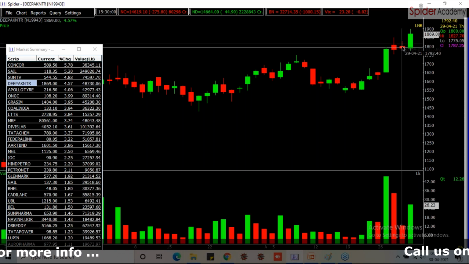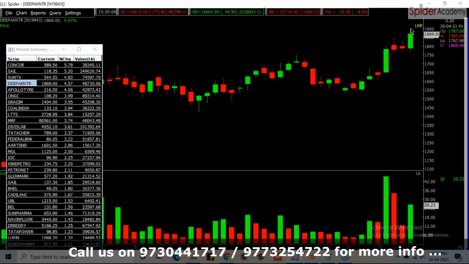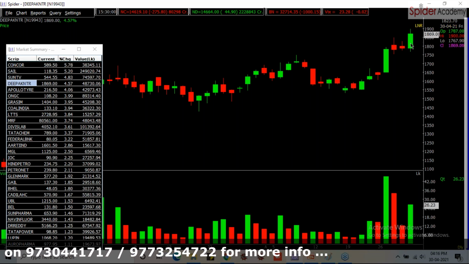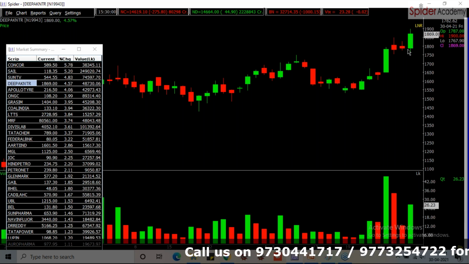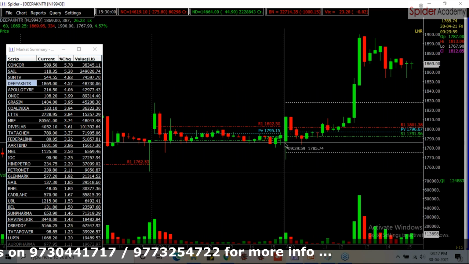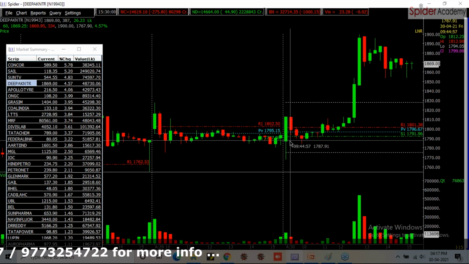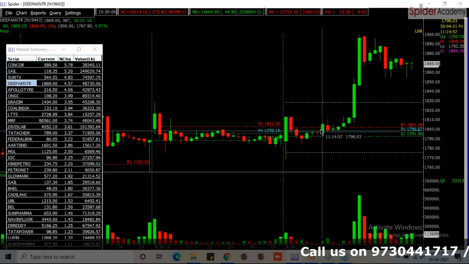When we got a pull above this previous day high, the price moved sharply upwards. So we are actually trading a kind of inside bar breakout. This CPR level shows that if we again come to the intraday time frame, we can see it challenged the previous day, which tells us that the buyers are there, and then it took a reversal and we got the entry on this candle.